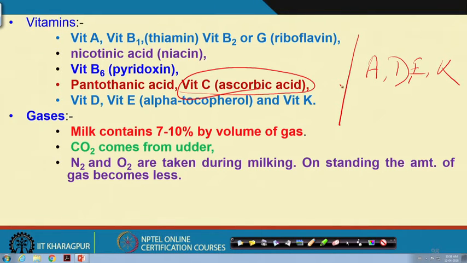On standing, the amount of gas becomes less, right. So, when milking is being done, there is a lot of incorporation of air, maybe carbon dioxide, maybe dissolved nitrogen or oxygen gases. This dissolved oxygen quantity is reduced when you let it stand for some time, then it comes out, right.